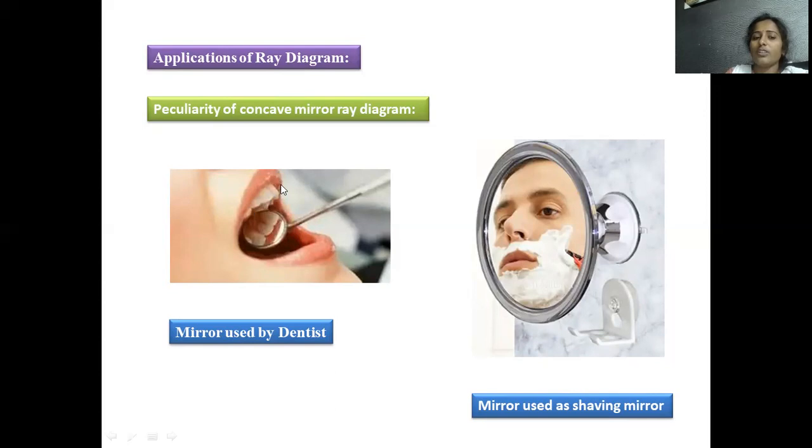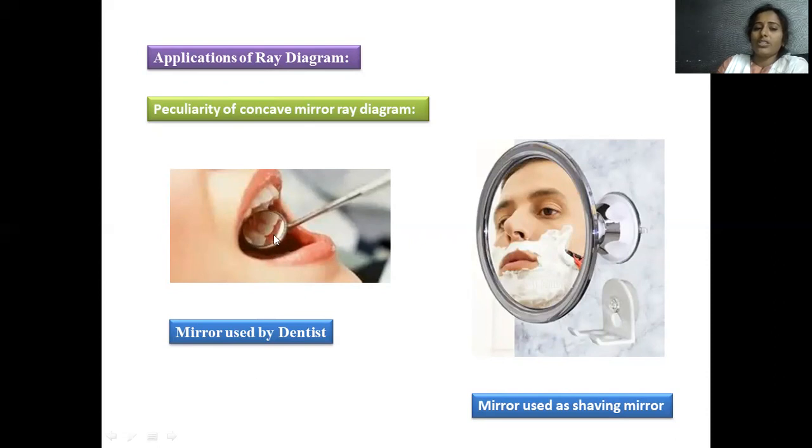What is the object here? Our tooth structure is the object here, and this is the kind of mirror called concave. When this concave mirror is placed very close to the object, what happens? It is a very far distance away from the focal point, so the image is generated in an enlarged size, so that it is clearly visible to our naked eye.